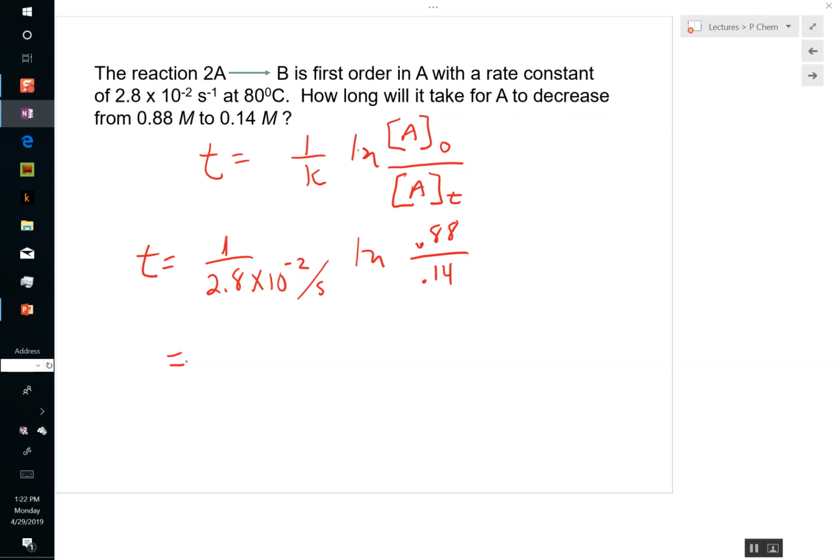What do we get? That's 65.65 seconds. Yeah, we're dividing by 1 over seconds, so the units is seconds. Is that what you got there? Yeah, that's what I meant.